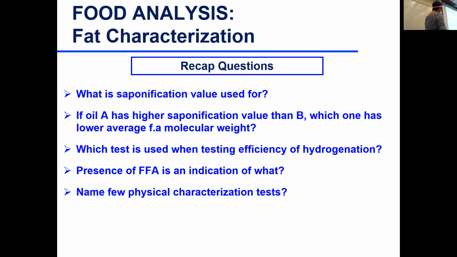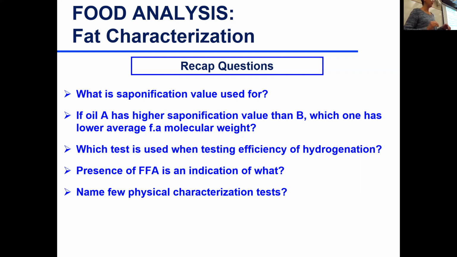Okay. All right, recap questions. What is saponification value used for? All right, Paige. It's used for identification purposes, especially of the main fatty acid that's in the oil. Absolutely. It's a good identification, authentication, and often the value is used to confirm the average molecular weight of fatty acids in oils.